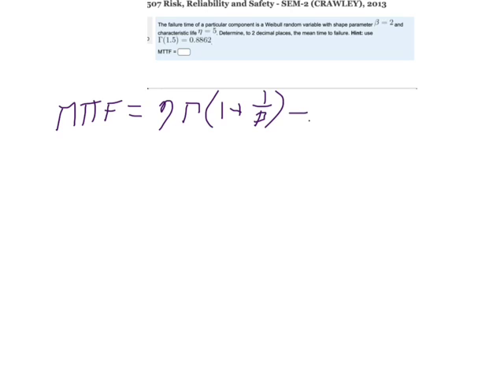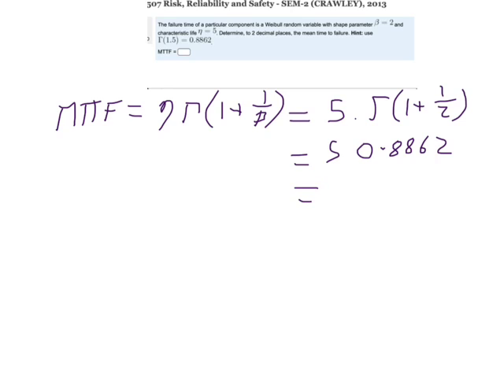So in this case, that's going to be equal to eta, so 5, times the gamma function of 1 plus 1 over 2, which is equal to 5 times the gamma function of 1.5, which is 0.8862, and that's going to be equal to 5 times 0.8862, 4.431.